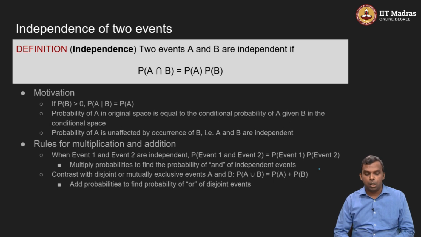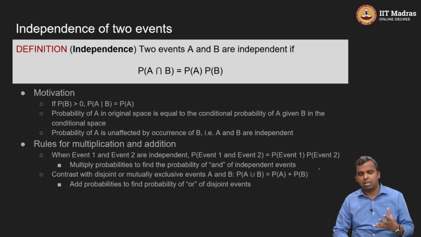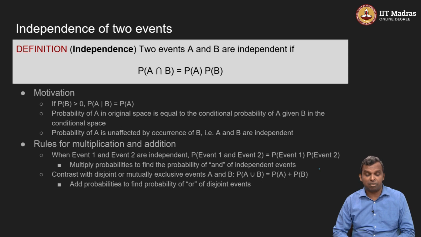Okay, so what's the motivation? Why does it make sense, and why is it very useful? I've tried to capture that in the points I've written below the definition. The word independence comes from the connection to conditional probability. Suppose probability of B is positive.